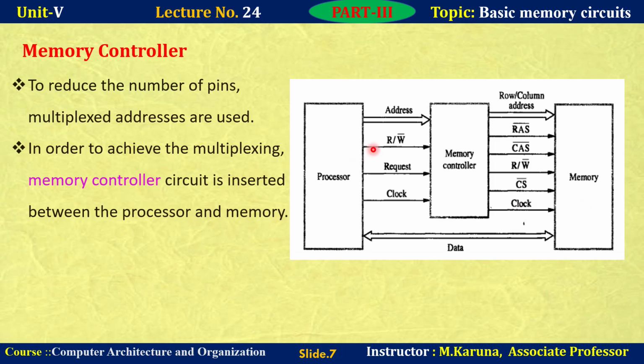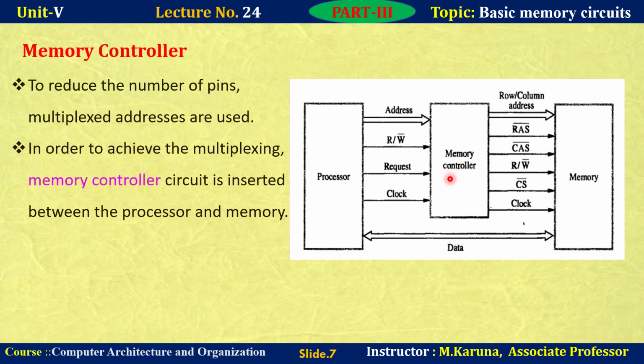To see the working of this memory controller, initially the processor issues all bits of an address. The required multiplexing of address bits is usually performed by a controller circuit between the processor and memory. The controller accepts a complete address and read-write signal from the processor under control of the request signal, which indicates that a memory access operation is needed.